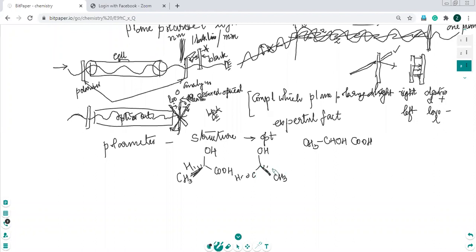Remember, this is a mirror image of the first one. These are the structures of two compounds representing this formula, this planar structure. And remember, this is just a mirror image of this. Okay, and these are called enantiomers.